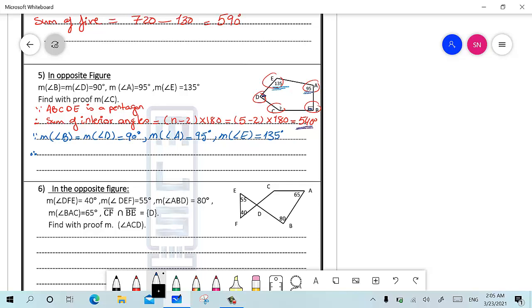So therefore measure of angle C equals 540 minus (90 plus 90 plus 95 plus 135). So angle C is equal to 130 degrees. So again, I must mention first what is the type of this polygon according to its sides, find the sum of the interior angles of this polygon, and then see what I want to do.